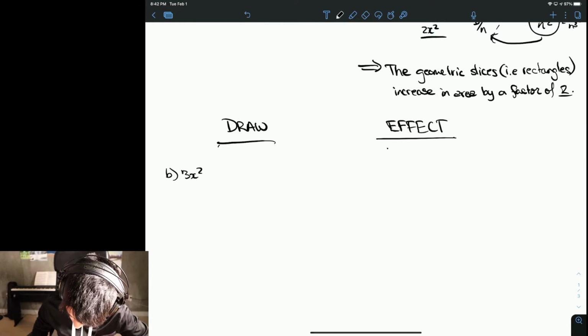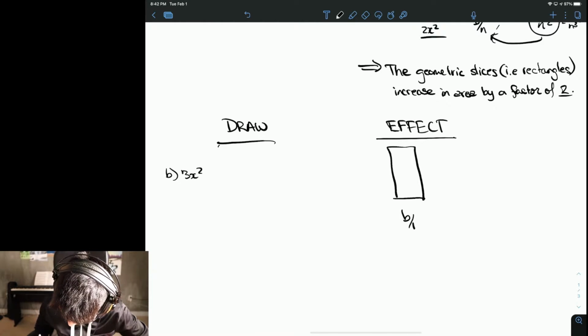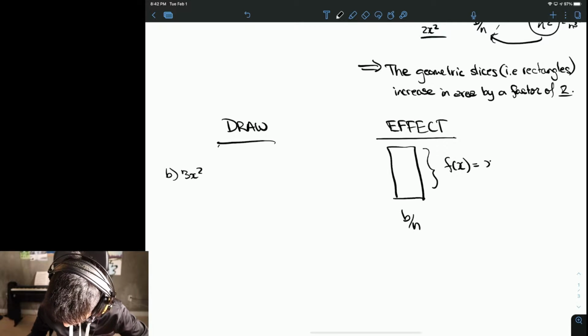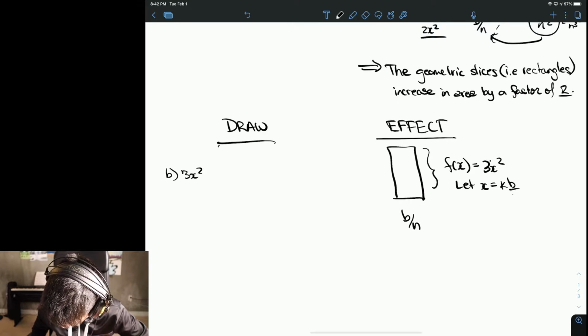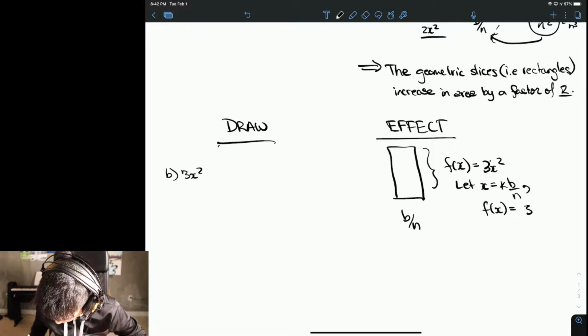And if we have a rectangle and the width is b over n, and the y value is spanned by f of x, where that equals 3x squared, then letting x equal k by b over n means that f of x would equal 3 times b squared over n squared by k squared.